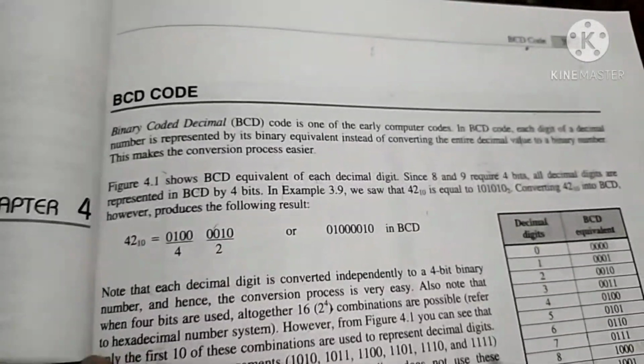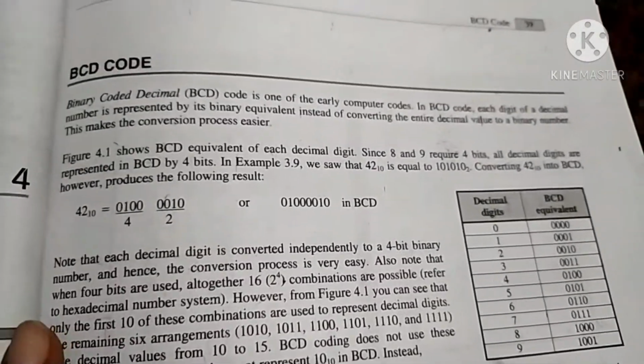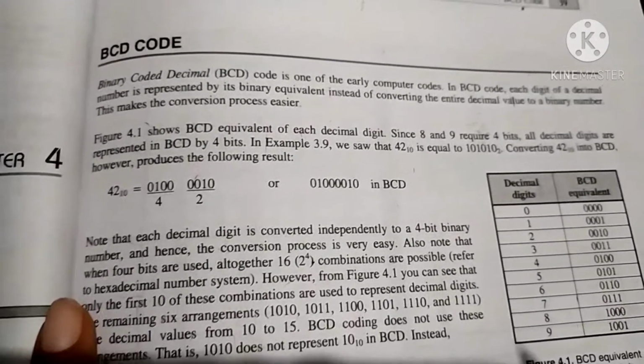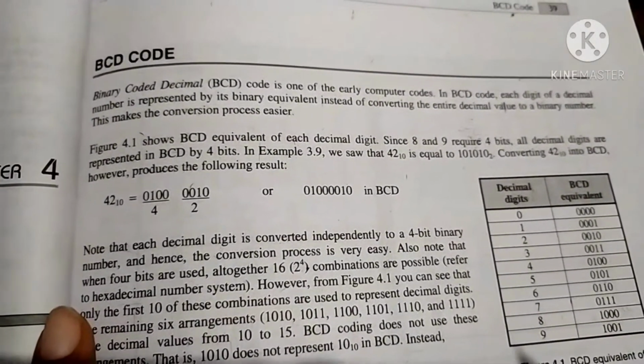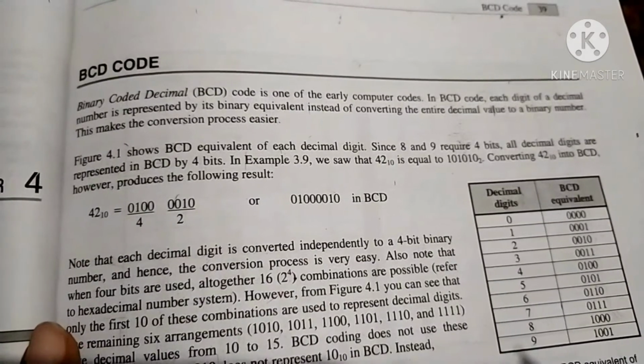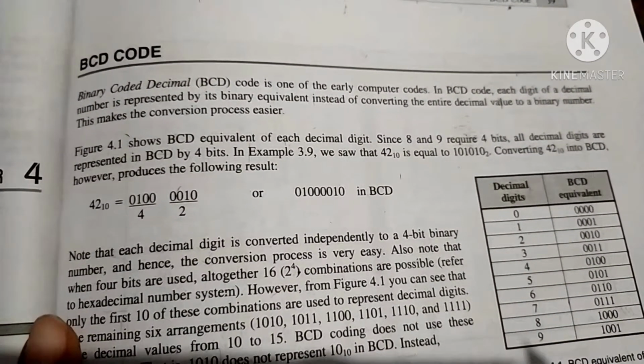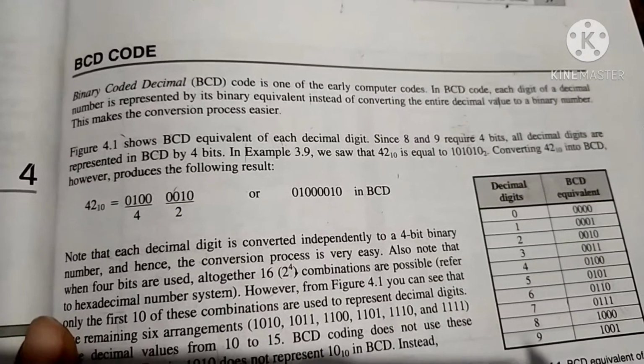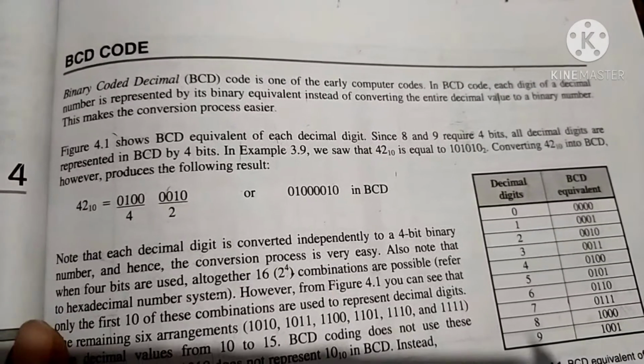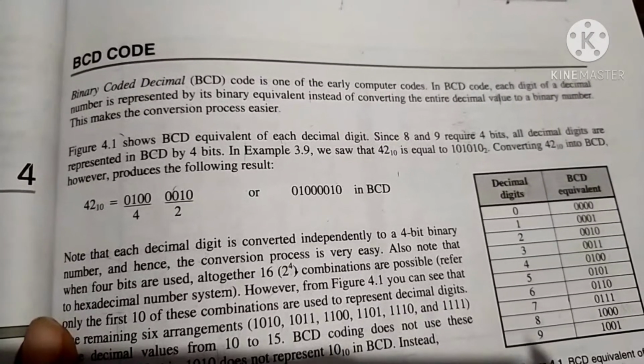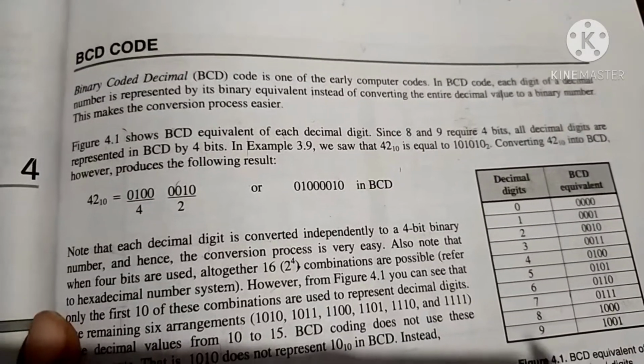Next, coming to BCD code. How does it make a conversion process? Here we have different methods. One such method is BCD, or binary coded decimal. It is one of the early computer codes.